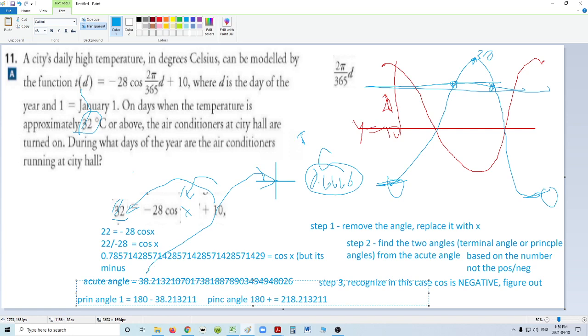So here would be 141.897, something like that. I think I got the first one wrong. Yeah, there we go, something like that. I'm going to just wing it and say that's what it is.